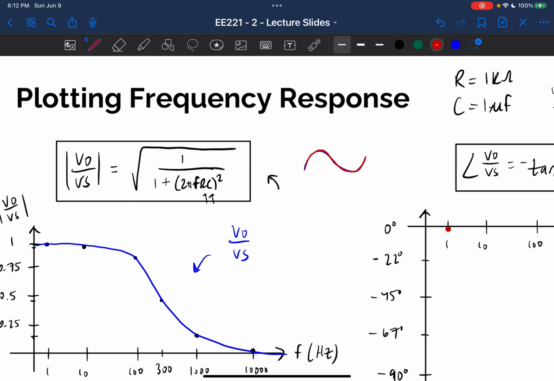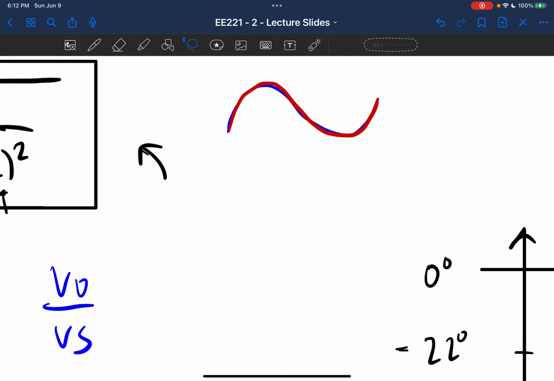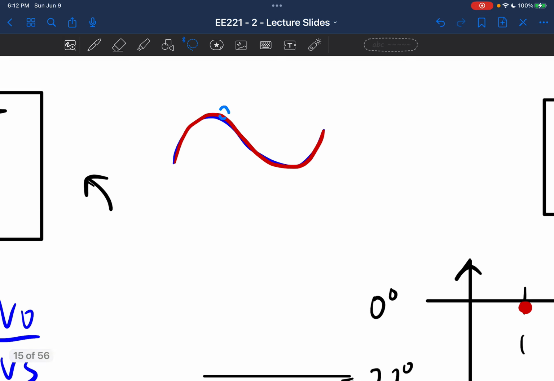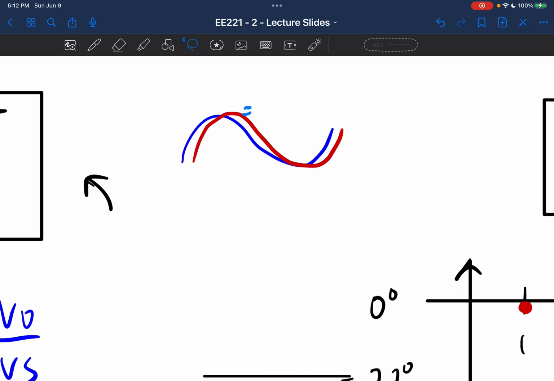We're saying that we have roughly 0 degrees phase shift at a value of 1 hertz, and a roughly 1 magnitude at a value of 1 hertz. So our output and our input are basically identical to each other, right? And if I were to move this red signal, let's see if I can just move the red one, that would be some kind of a negative phase shift here.